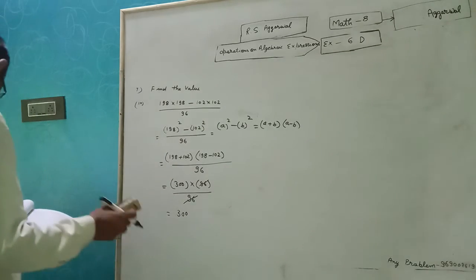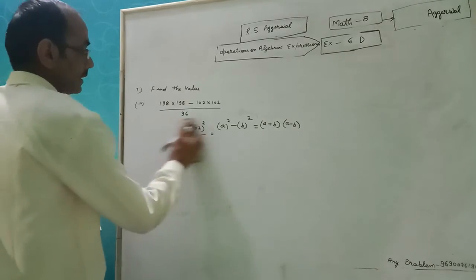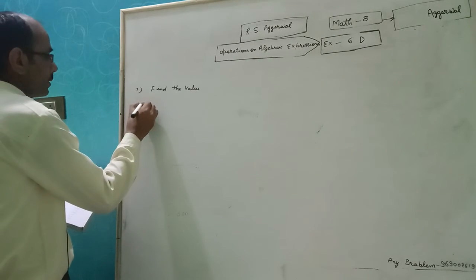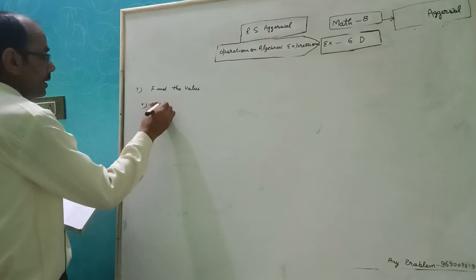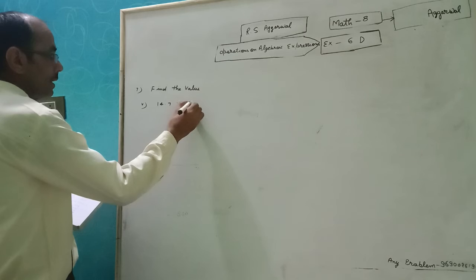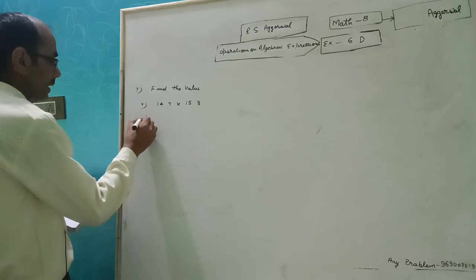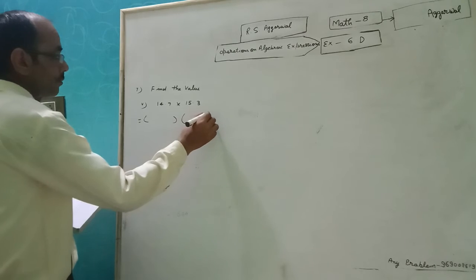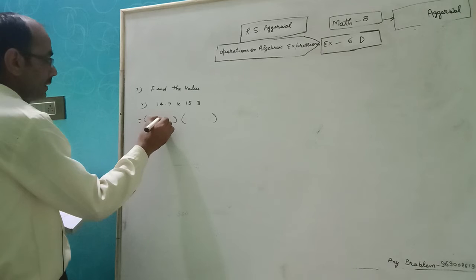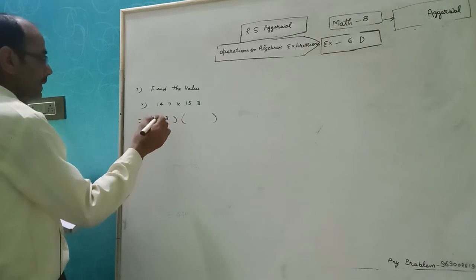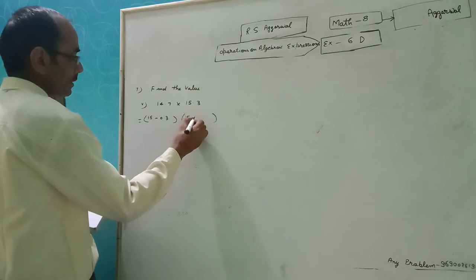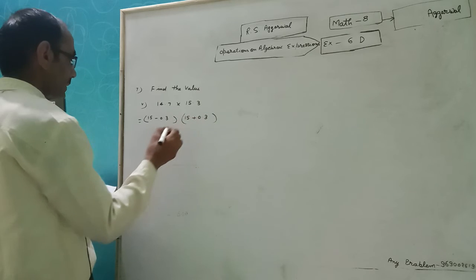Fifth part is 14.7 into 15.3. We may write 14.7 as 15 minus 0.3, and 15.3 write be 15 plus 0.3.